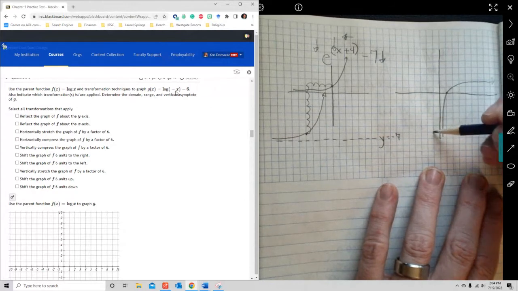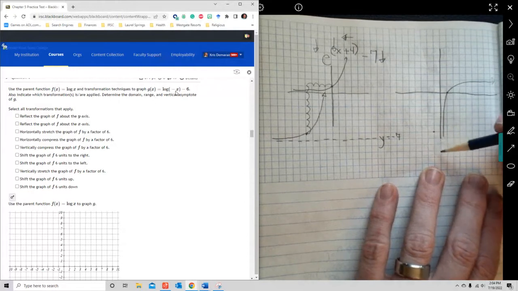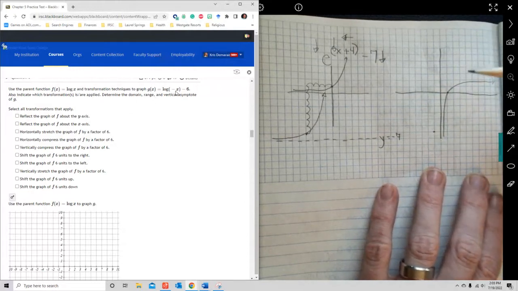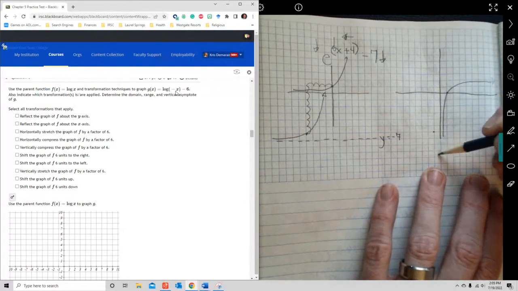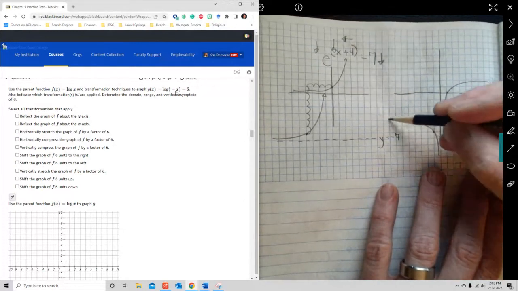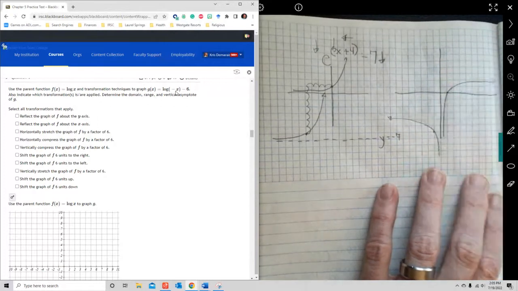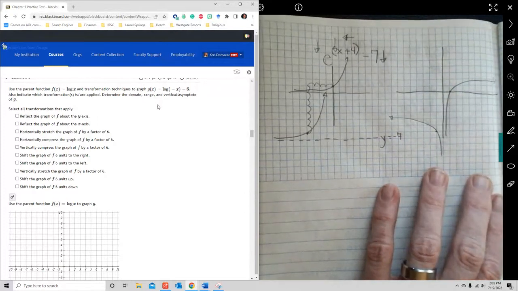It's going to be reflected over the y-axis, so it's going to look like something like that. Now, the thing is that the vertical asymptote hadn't changed. All right, it'll just look like this. That's what it'll basically look like.